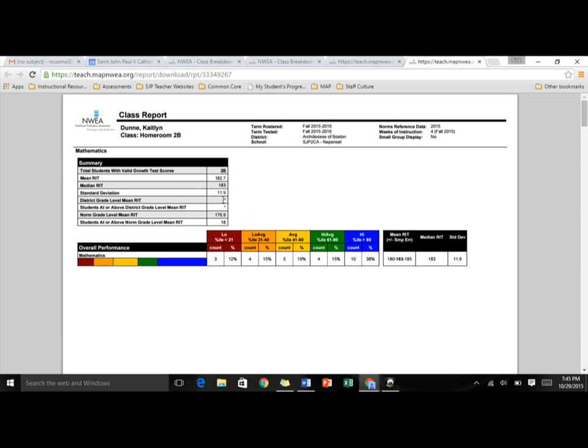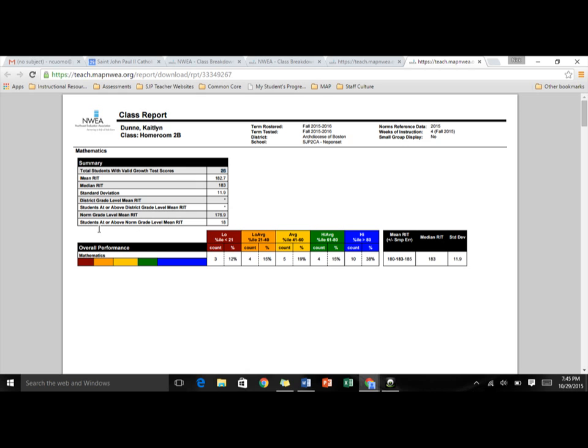There is no information for district grade level. Our district is the Archdiocese. We're still collecting information, so those numbers will eventually be filled in once we're able to calculate the mean RIT for the Archdiocese. But we can take a look at the norm grade level, and we could see in the country of the second graders who took MAP, their average score was a 176.9.